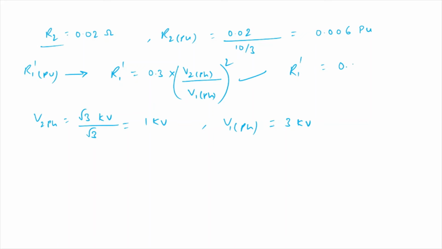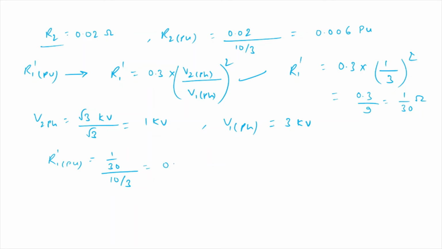So R1 dash would be 0.3 into 1 divided by 3 squared, so here R1 dash would be 0.3 divided by 9, so 1 by 30. And if we do further, I am converting it in per unit, so 1 by 30 divided by 10 by 3 ohm, this is in ohm, so we will get 0.01 per unit.